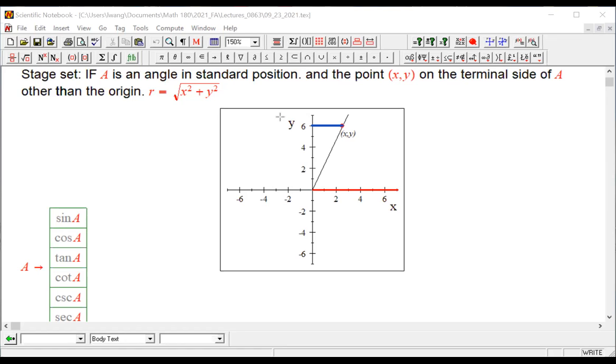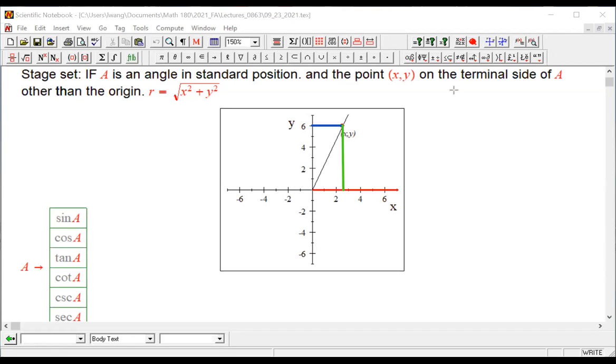And what is y? y is the vertical measurement from the point, so this much. And what has happened? This is a right triangle, two right triangles here, with two parallel sides, the blue and part of the red. So this is x, this is y.